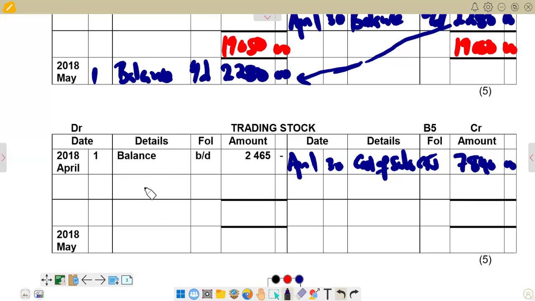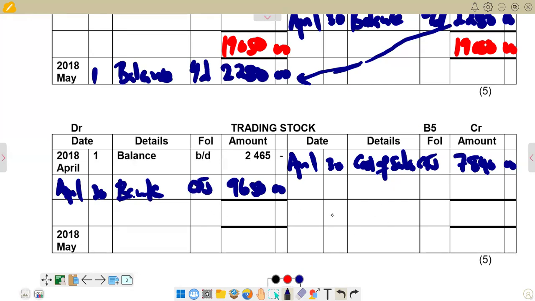Remember, we are taking it from the cash payments journal, representing that we bought it through the bank. Then our date is going to be April 30, and the amount that we have is 9,650.